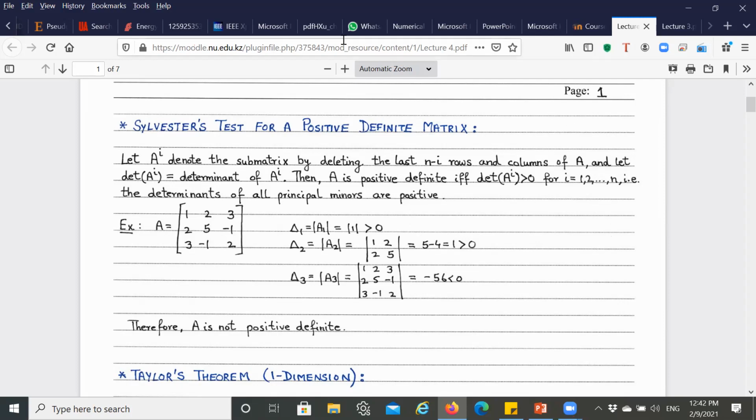For Hessian, it should be eigenvalues are positive, no? Okay, if you want to have a positive definite matrix, the eigenvalues should all be positive, not zero or negative. If you want to have a negative definite, the eigenvalues should all be negative. Your matrix is said to be an indefinite matrix if not all the eigenvalues are positive.